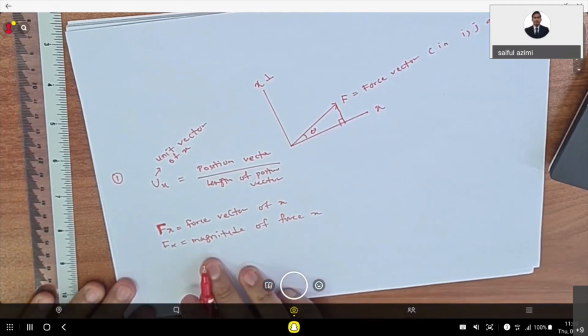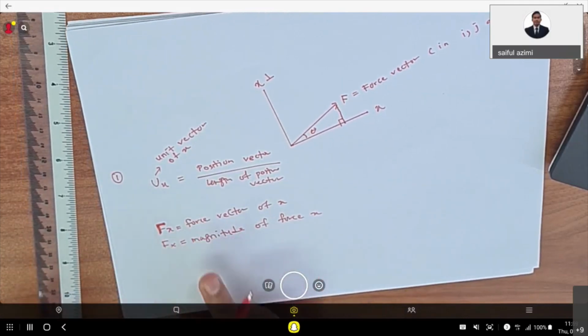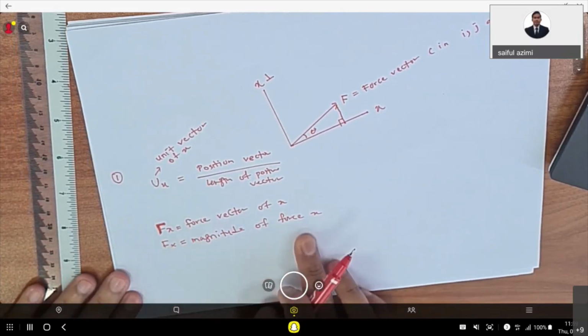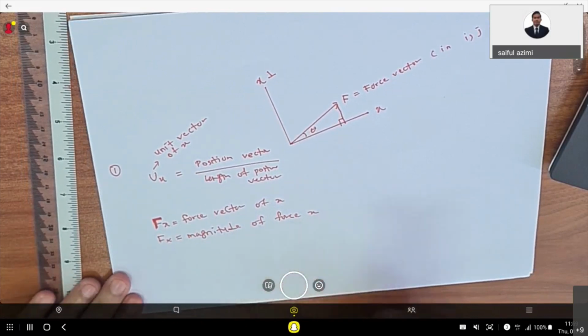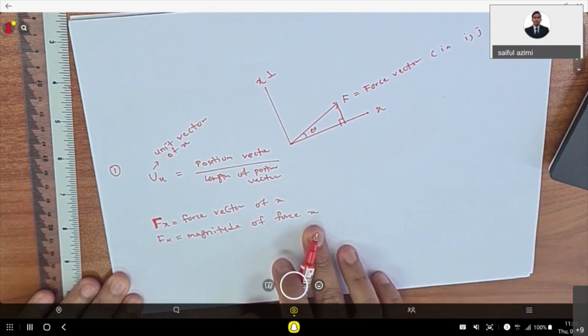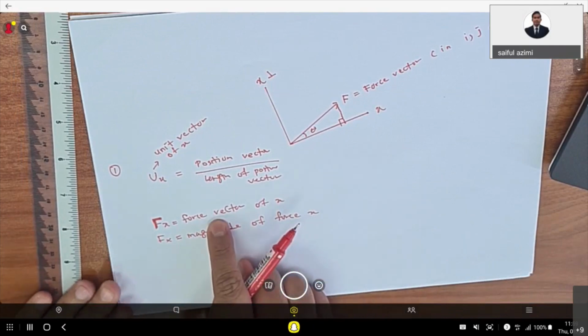So this is the difference. The bold one is the force vector, and the not bold one is the magnitude. The dot product is used to find the magnitude, when the force vector is known.